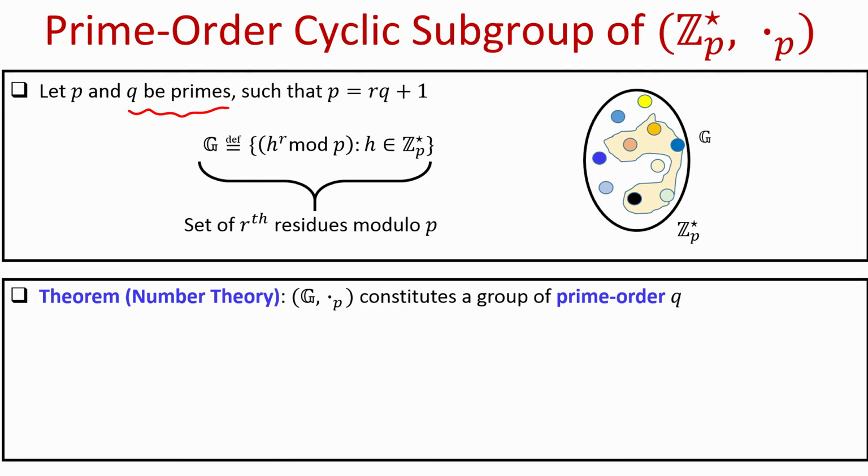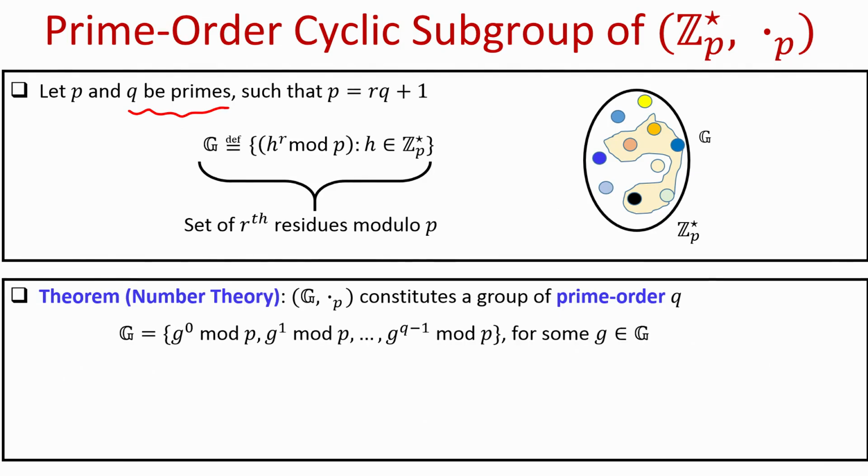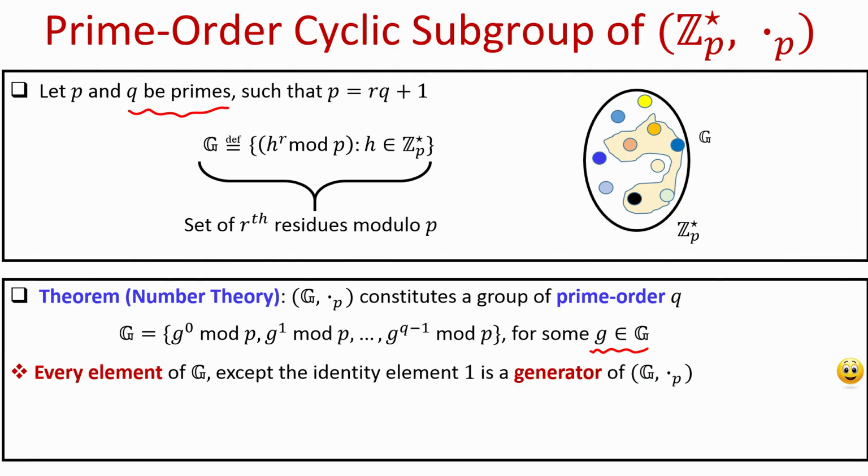We can prove that if we perform multiplication modulo P on the elements in the set G, then it satisfies the group axioms. Namely, the elements in G can be expressed as powers of a generator, where the indices of the power are in the range 0 to Q minus 1, for some generator little g belonging to the set big G.